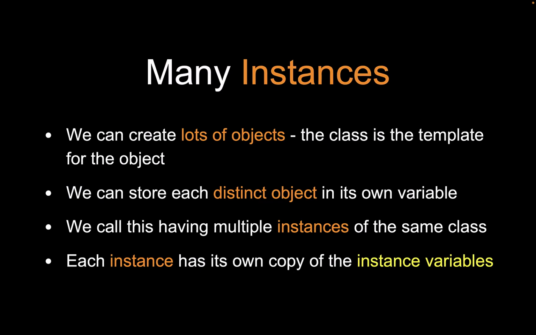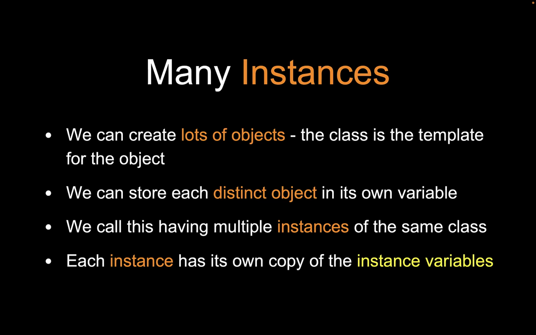We have many instances. There are classes that we only create one instance of. There's a pattern for this called the singleton, but it's the gross exception. Typically, when we use a class, we're going to create many instances, so we can create lots of objects.